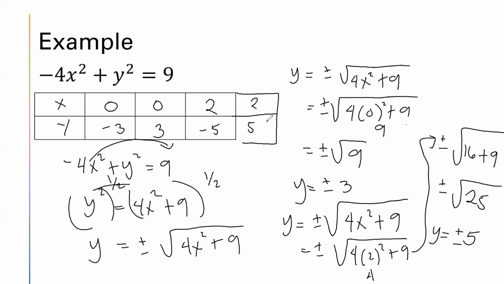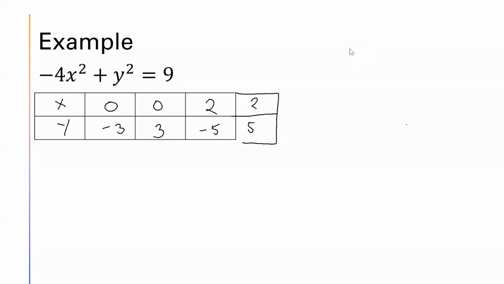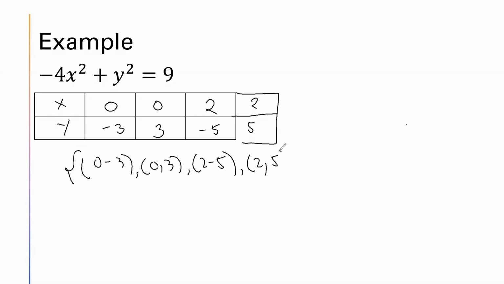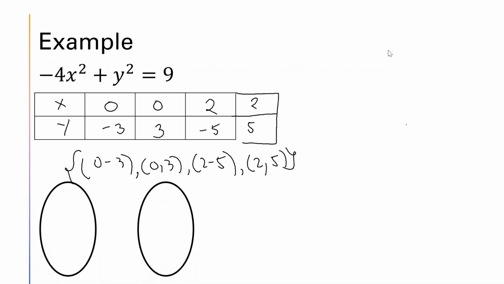How are we going to write this in the set of ordered pairs? We have (0, -3), (0, 3), (2, -5), and (2, 5). In the mapping diagram, just draw two circles or any shapes that you want. Mark one as your x and the other as your y.